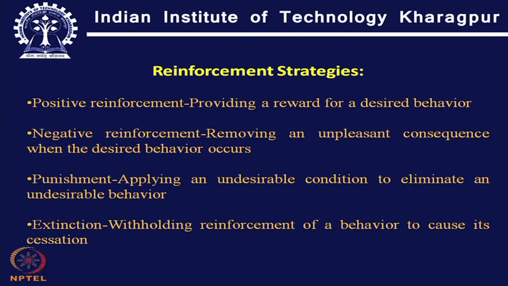Extinction is taken from the classical conditioning part, where there is a time difference between the conditioned and unconditioned stimulus. Then the pairing does not occur, and it gets extinct.